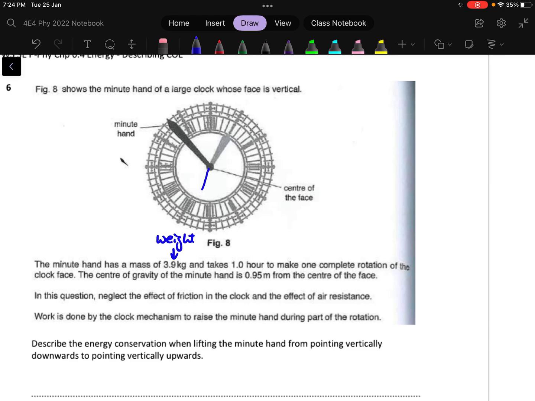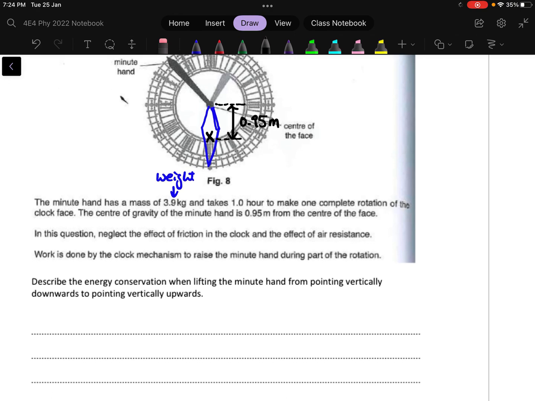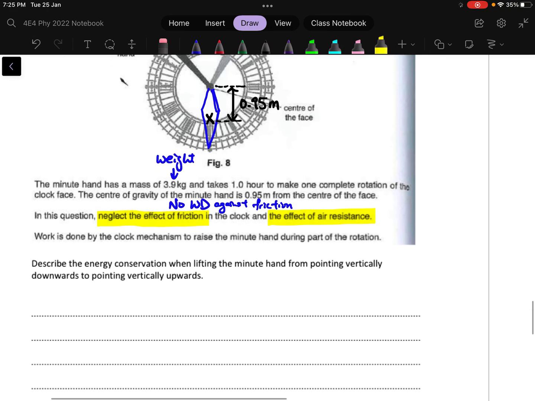So if you have a minute hand pointing down, the CG of the minute hand will be 0.95 meter away from the center of the face. Then it says in this question, I will neglect the effect of friction, meaning that there is no work done against friction. In other words, there's no energy loss, and this includes the effect of air resistance. So basically no energy loss.